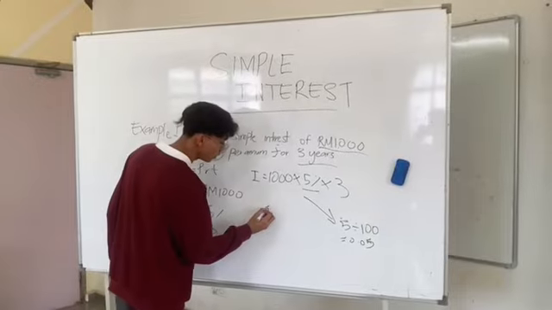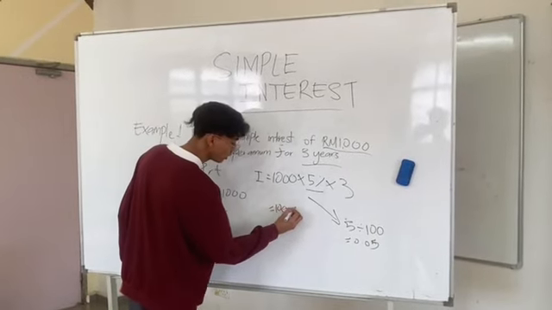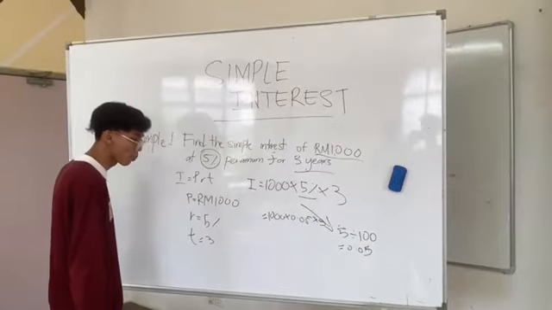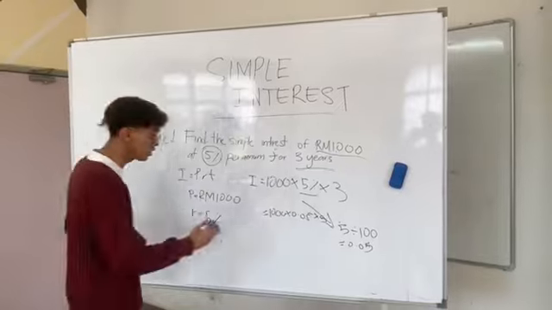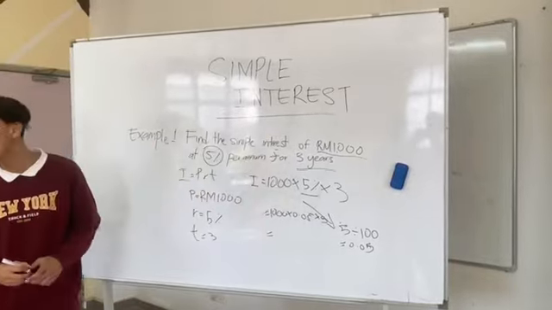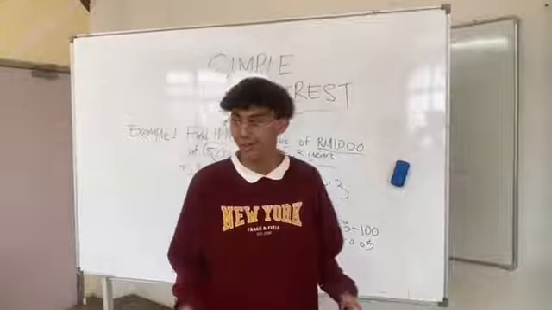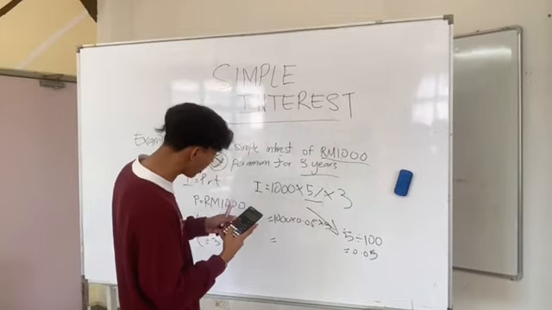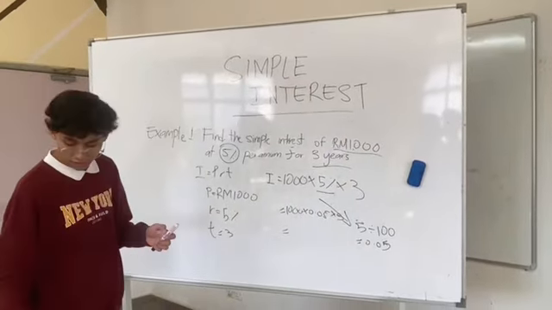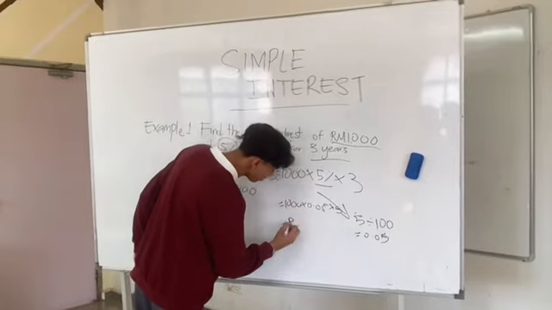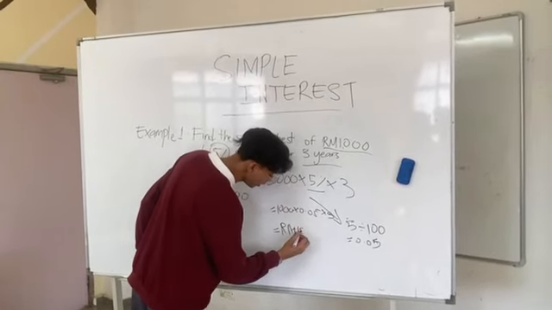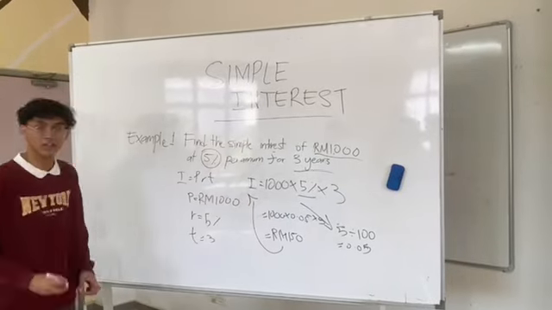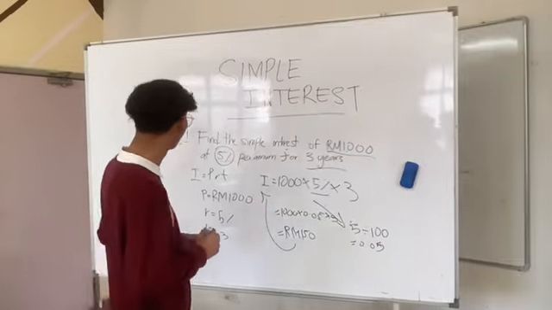So we put here 1,000 times 0.05 times 3. Just put in the calculator: 1,000 times 0.05 times 3. We get RM150. So I is 150. So that's all for example 1.